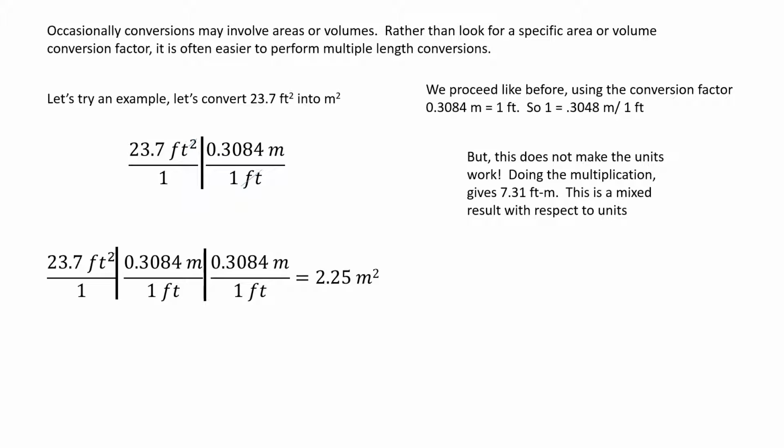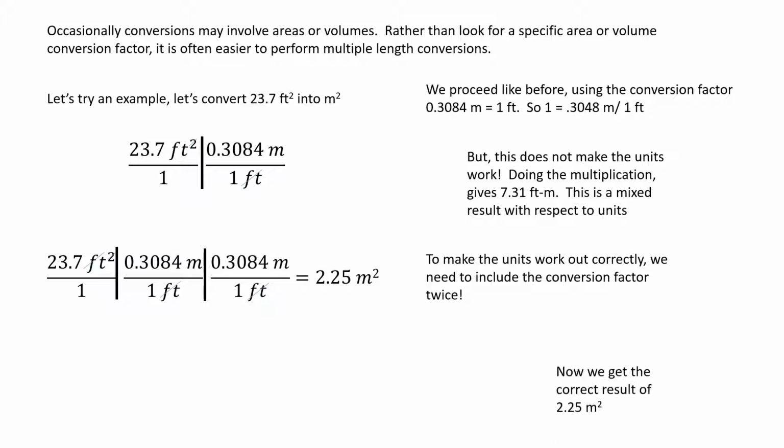So I have to have my conversion factor of 0.3048 meters per 1 foot appear twice. Now the units are going to cancel out correctly. The feet squared cancel out. I'm left with meters squared as the correct units, and then I get the correct answer of 2.25 square meters.